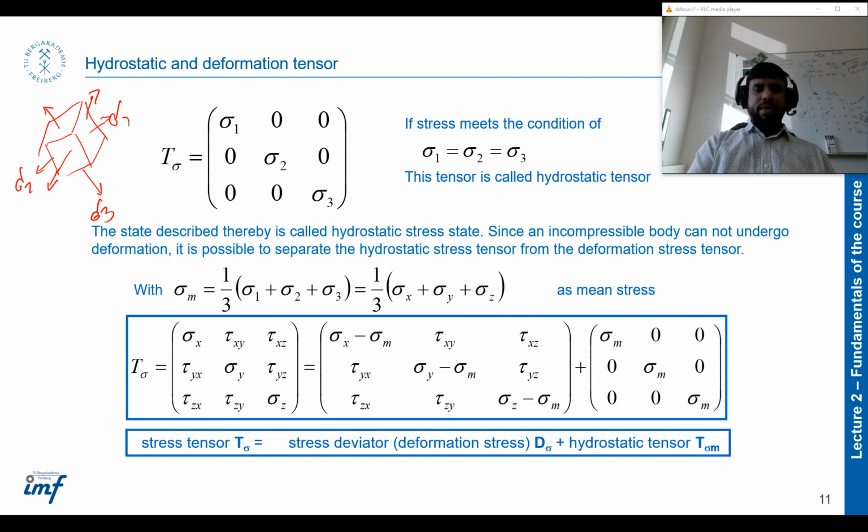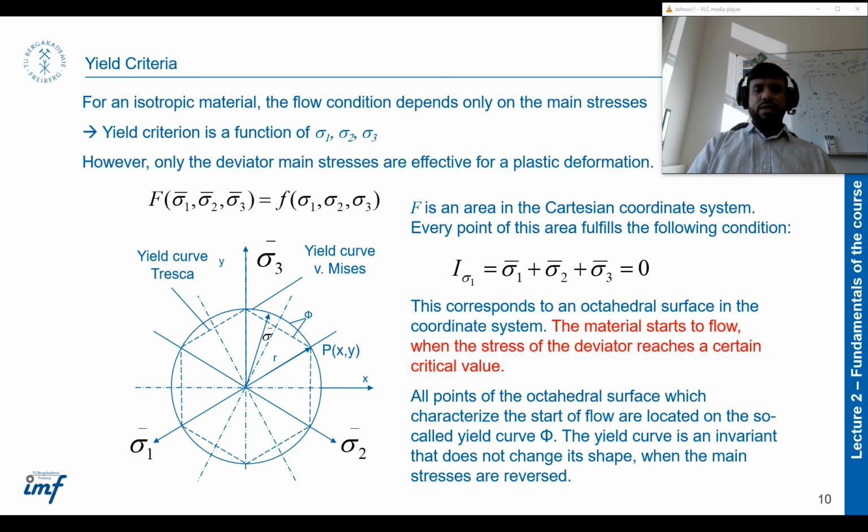But if the load in one direction is more than the load in the other two directions, then the material tends to flow, but it has to be higher than a certain limit, and that is where this yield curve comes in.